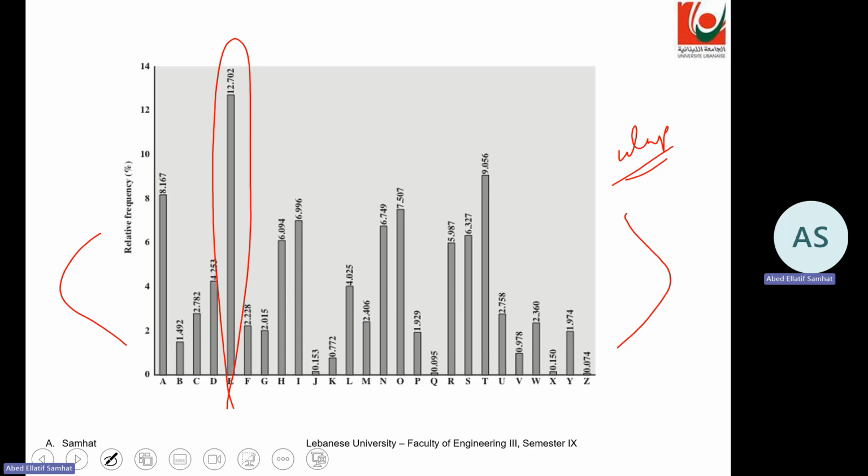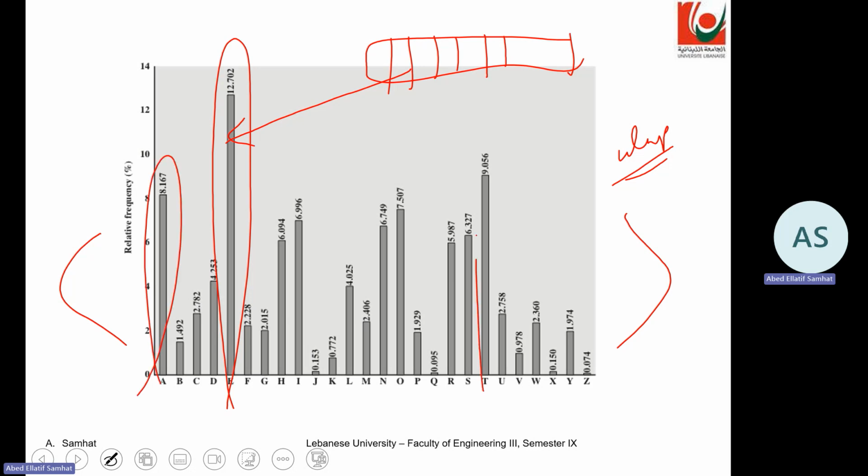This is a kind of cryptanalysis attack that takes into consideration the nature of the language, the alphabet. So in the ciphertext, we try to find the letter with the highest frequency. We try to match it to E and see if we can recover the text. If not, we can try another one, for example, A or T or whatever. So this is a kind of attack that takes into consideration the relative frequency of the letters.